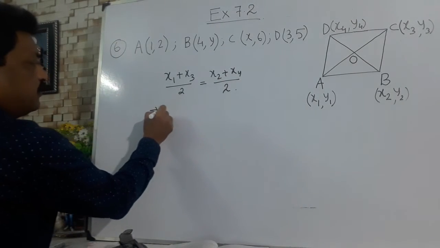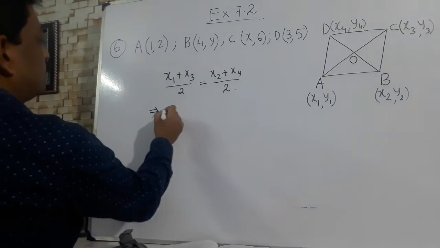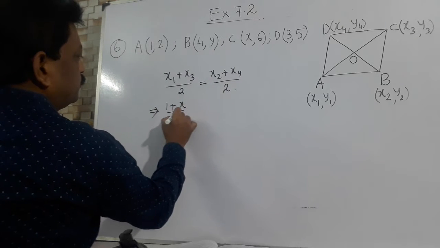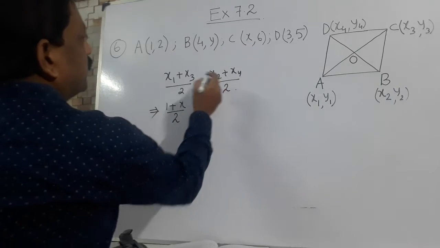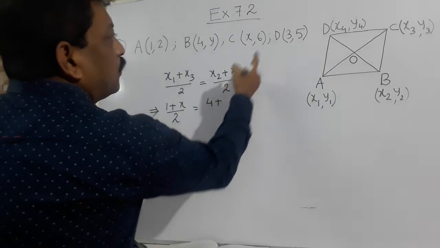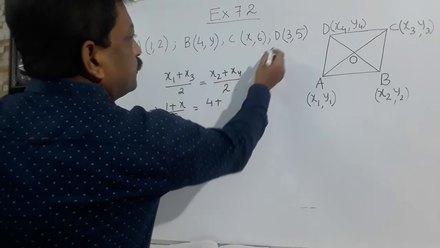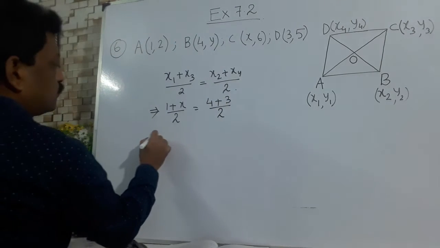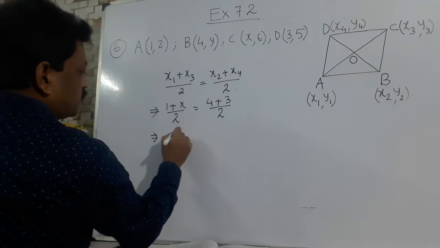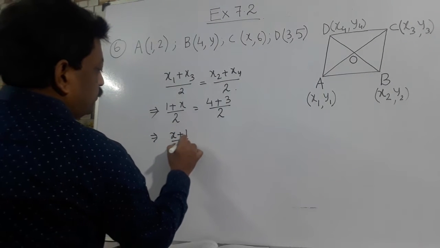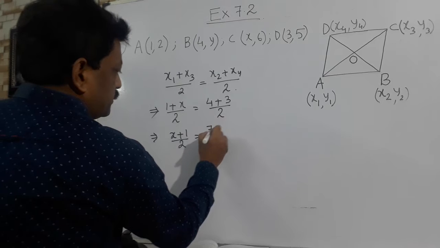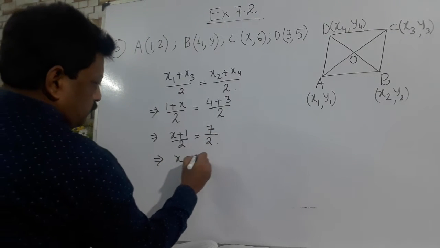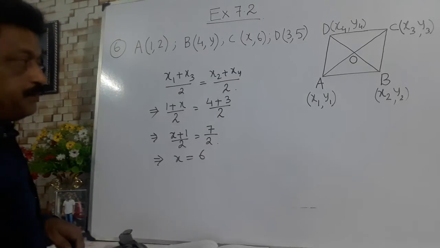Now by substituting the values, x1 is 1, x3 is x, x2 is 4, and x4 is 3, so I can write (x plus 1) upon 2 equals 7 upon 2. By calculation we got x equals 6.